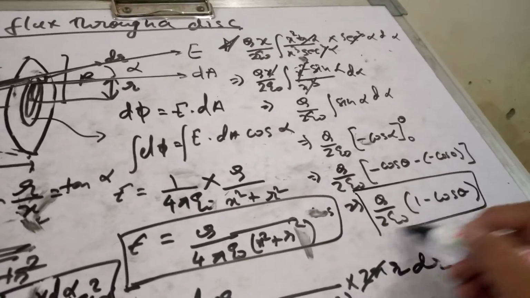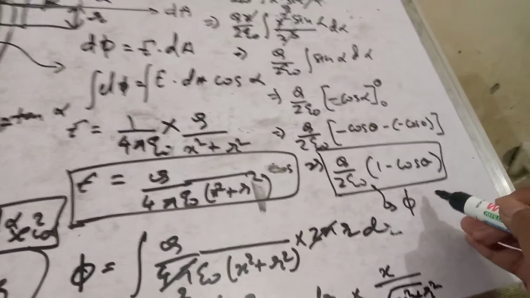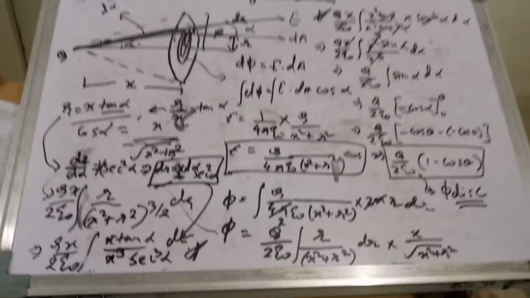So here is our answer, which is equal to the flux through a disk. So here is the total solution.